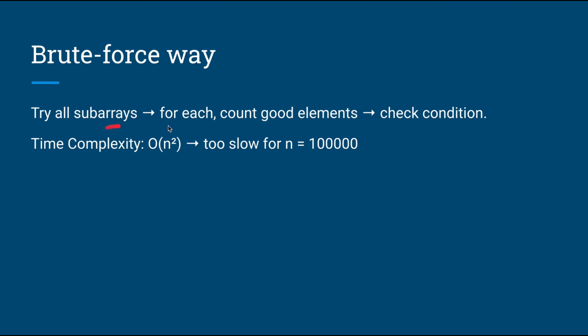But the complexity will become O of n square, because for the subarrays we have to go with multiple loops, a left to right loop, and then inside from left to right again, so nested loops. The time complexity becomes O of n square, which will be too slow for more than thousands, for example n equal to 1 lakh. So it will be too slow.